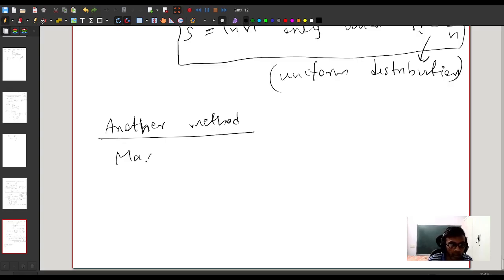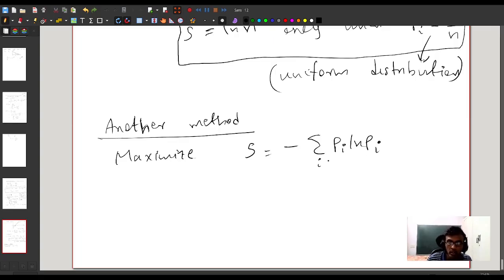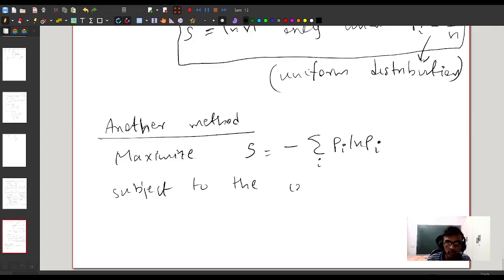To maximize S is equal to minus sum over i pi ln pi, subject to the condition that the sum over i of pi is 1.